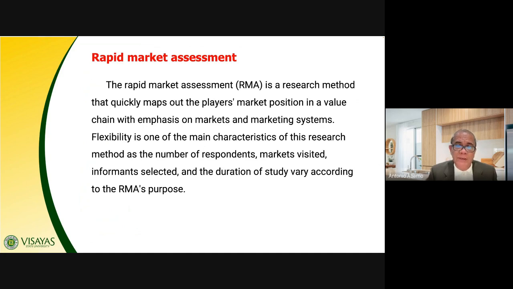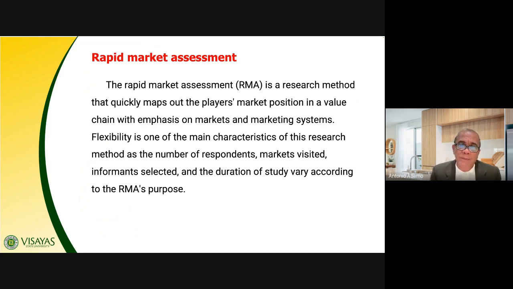It depends largely on the number of respondents, the market you are looking at, and of course the duration of the study. Because if it was done quite a number of periods ago, it won't bear the representativeness of the dynamics of the market. Okay, we need to be very quick, very specific and very target focused.